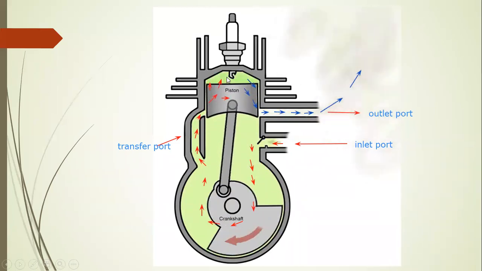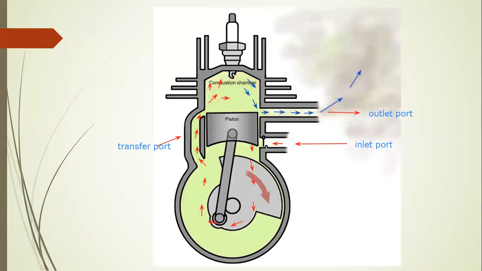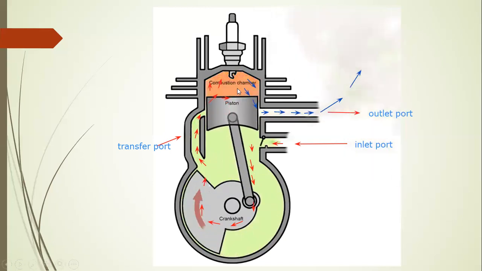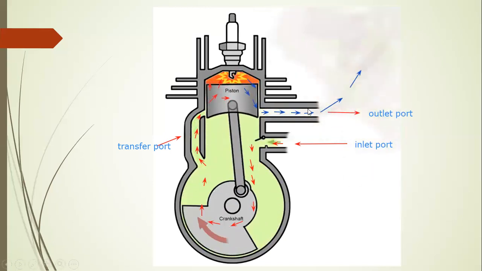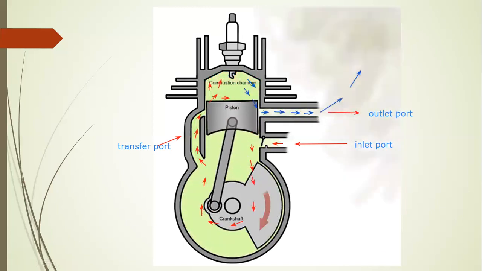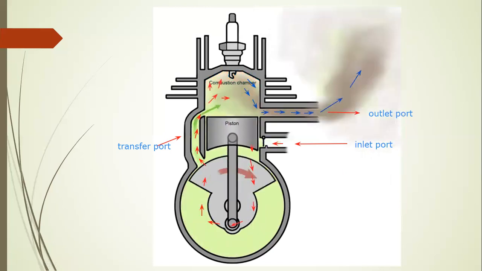Then the next movement of the piston compresses the charge and the spark plug ignites the fuel. The ignited fuel is converted into exhaust gases and the exhaust gases pass out from the outlet port or exhaust port. Then the piston moves in a downward cycle, ready for the next cycle.